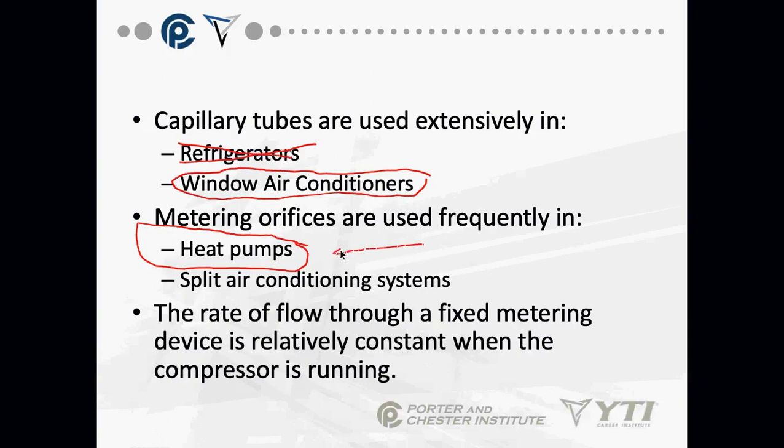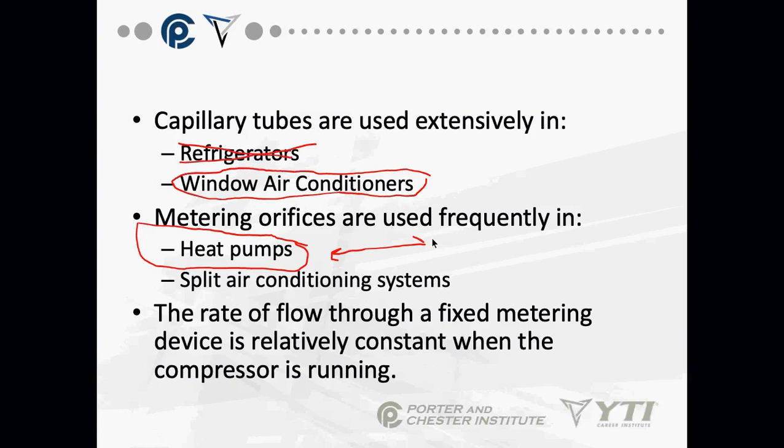Anybody want to take a guess on why we use them in heat pumps? And again, wrong answers are okay. Does anyone want to take a guess why we use them in heat pumps? Probably because they're so inefficient that they let heat escape better.